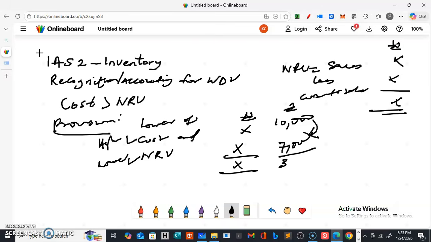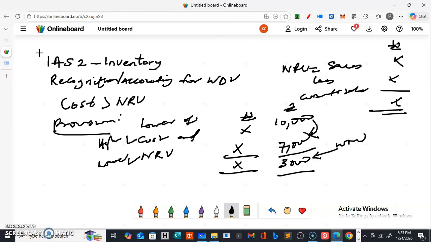That is 3,000. So that's WDV. Because the asset has further declined in value, it has reduced by 3,000 naira. The initial cost of the stock or inventory is 10,000, and the net realizable value is now 7,000. So in this case, we're going to have a written down value of 3,000 naira.